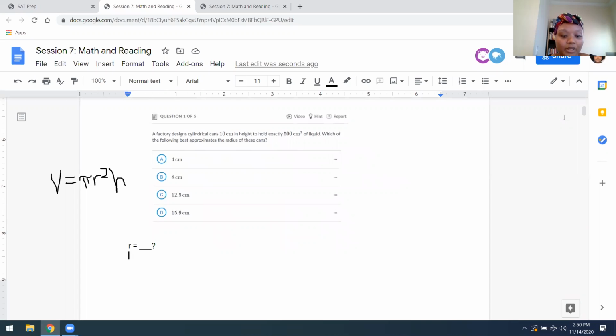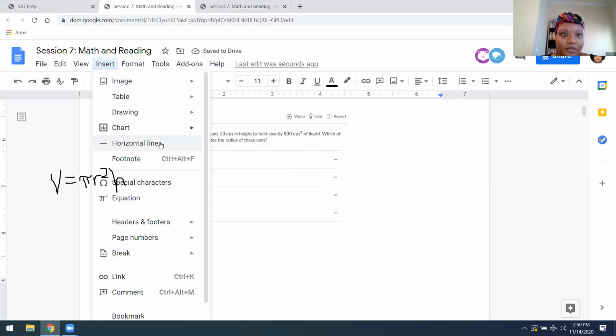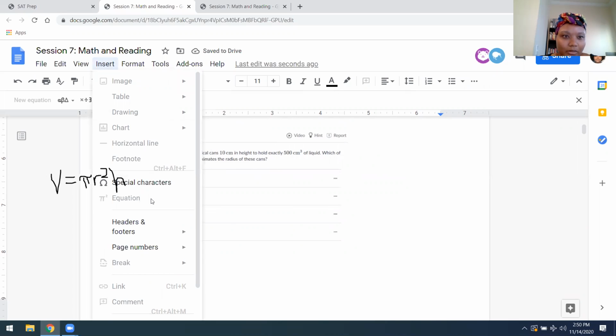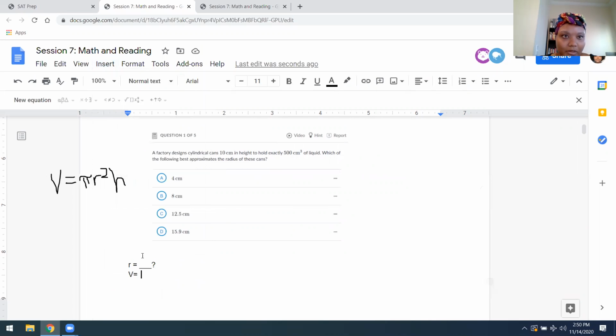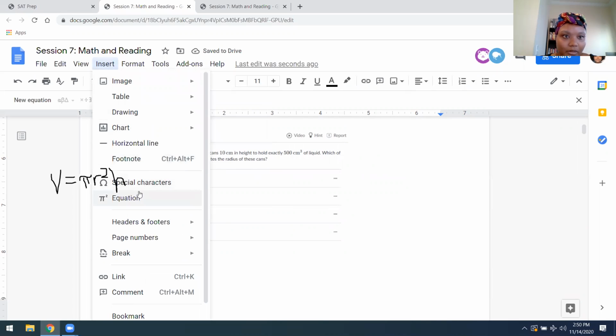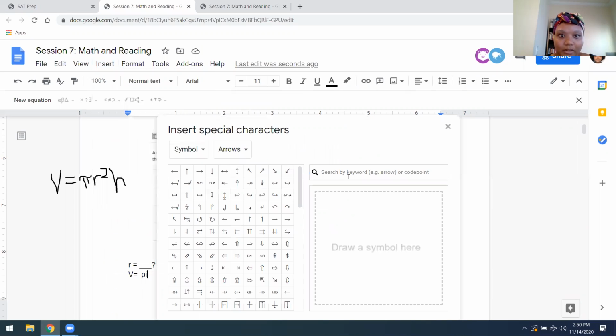So V equals, let me see, equation. I'm just going to type out pi, because I don't have a shortcut for that.